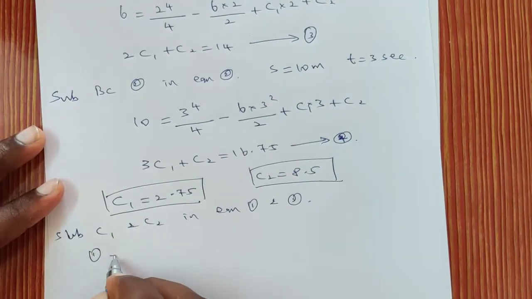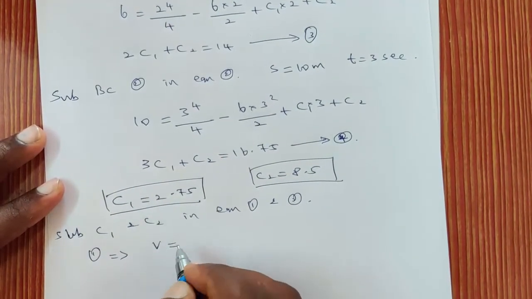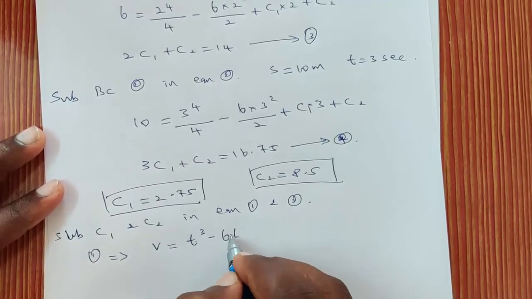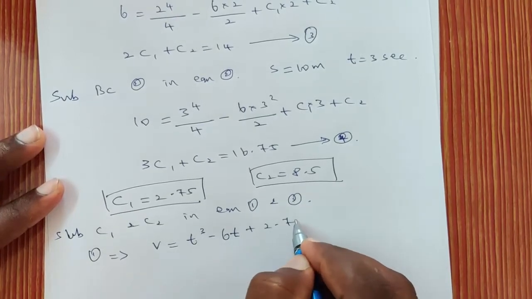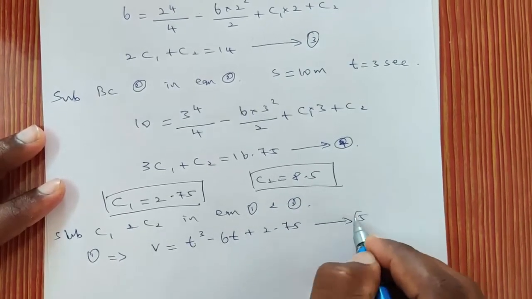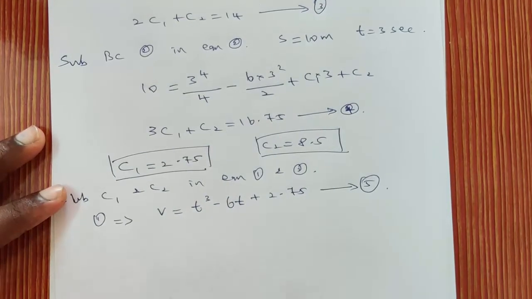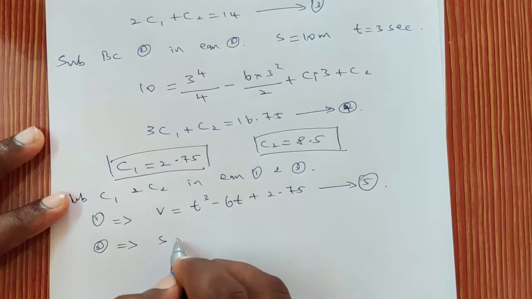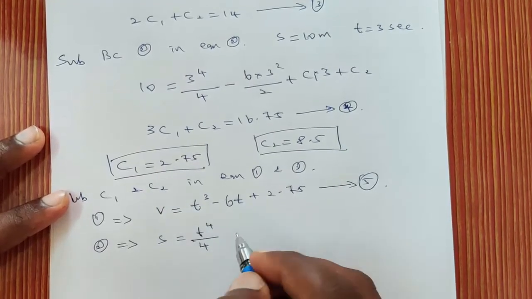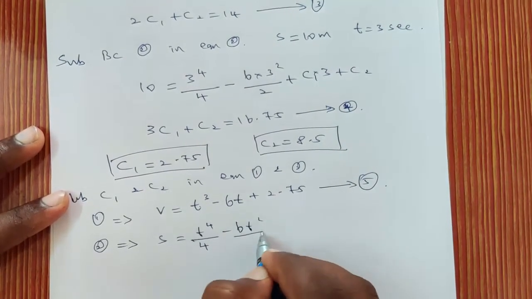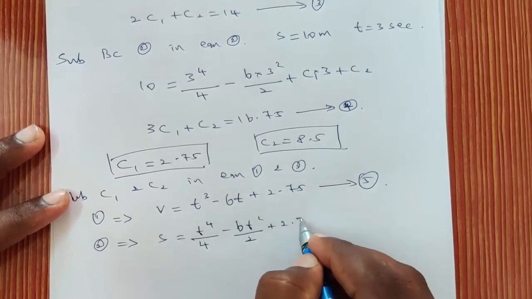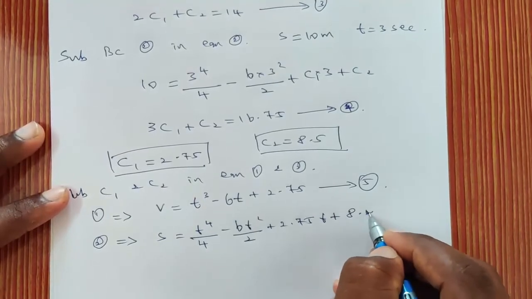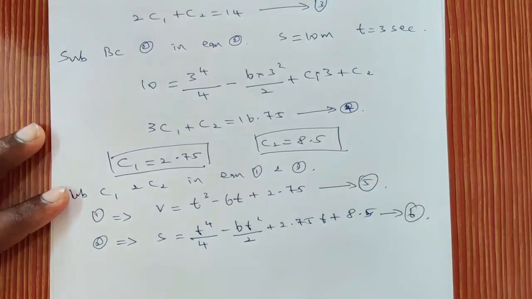The first equation becomes v = t^3 - 6t + 2.75. Consider this as equation number 5. Then the second equation becomes s = t^4/4 - 6t^2/2 + 2.75t, and in the place of c2 it is 8.5. Keep this as equation number 6.